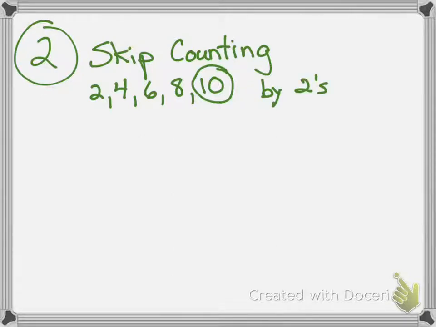And how many times do I skip count? 1, 2, 3, 4, 5. So I am going to skip count 5 times, and each time I skip count, I'm skip counting by 2.